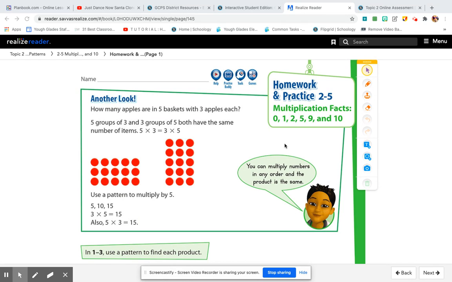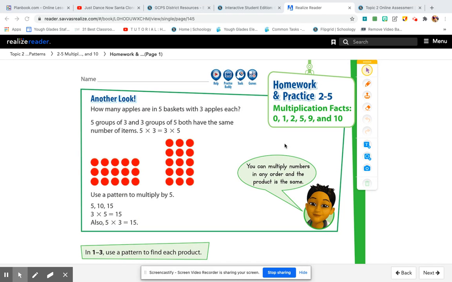Let's get to it. Another look. So we're going to take another look at everything that we talked about in this unit. We've talked a lot about patterns in this unit. This unit was all about patterns. The patterns of multiples of 0, 1, 2, 5, 9, and 10. They all have patterns.